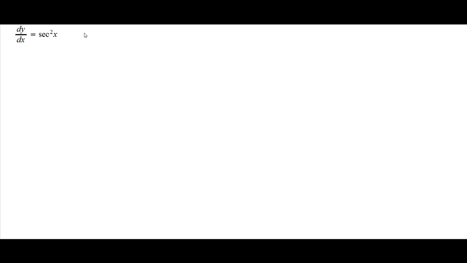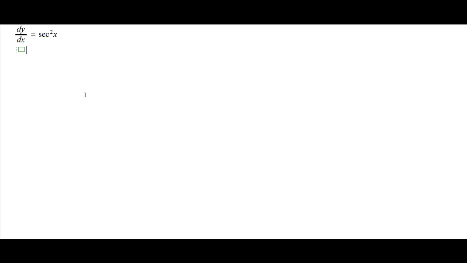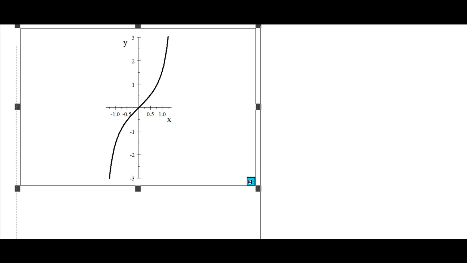And if we compute the value of secant squared x at x equals 0, it's going to be simply 1.